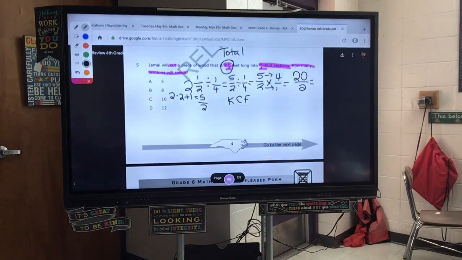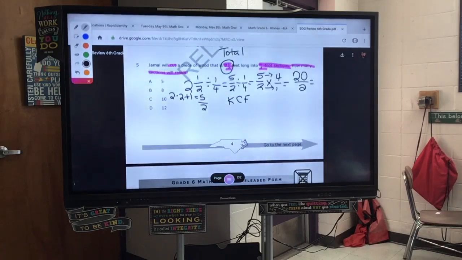Y'all, I'm not asking for rocket science. I really am not. William, what do you get when you multiply 2 times 1? 2. Thank you, Jesus Lord.